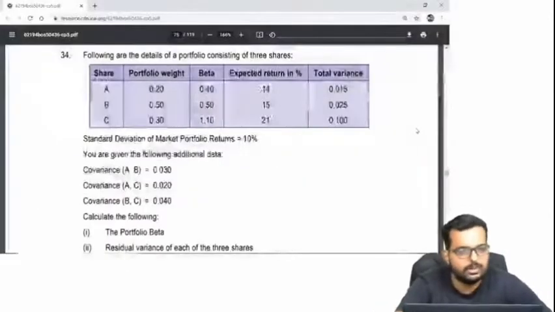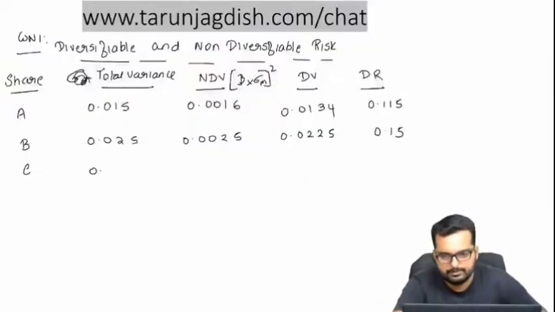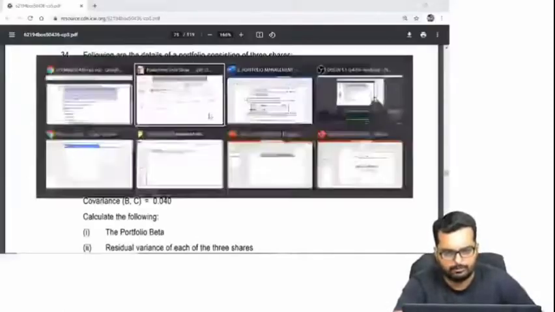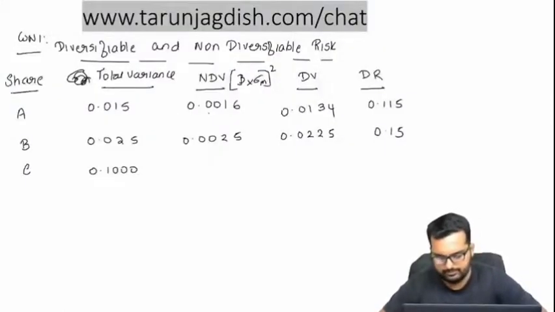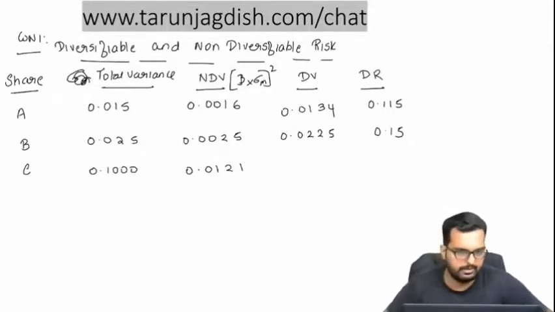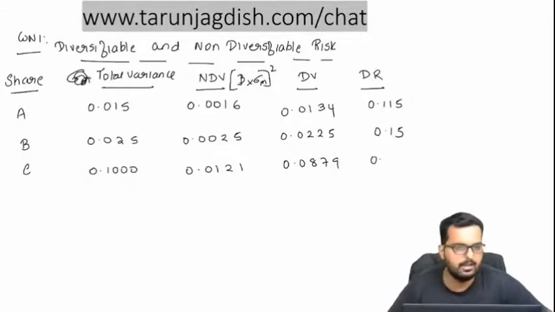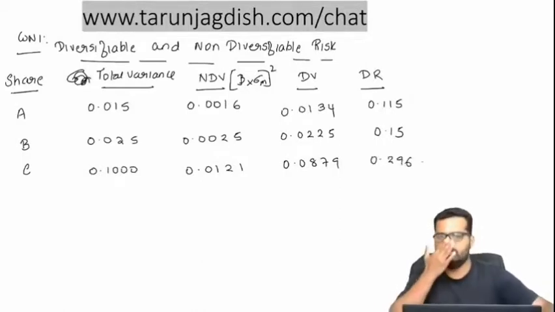I'll do the last one also, friends. 0.1, and here it is 1.1 into 0.1, that will give you 0.0121, then 0.0879, and 0.296. Write this down in your books now.